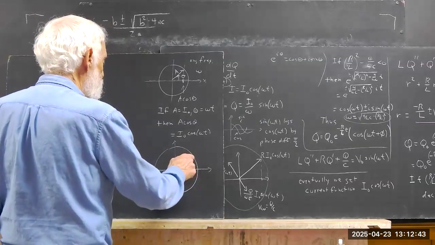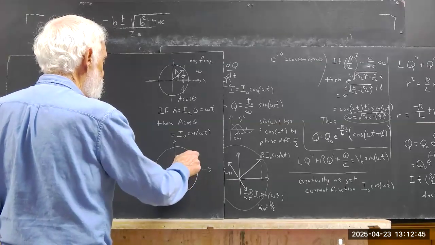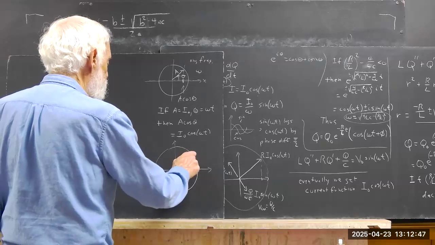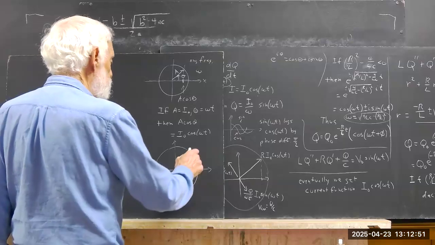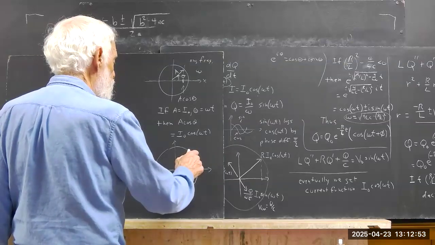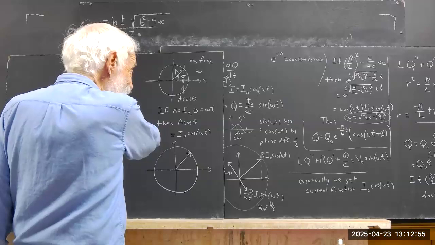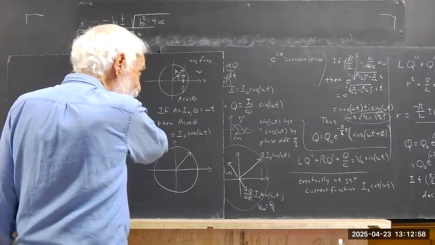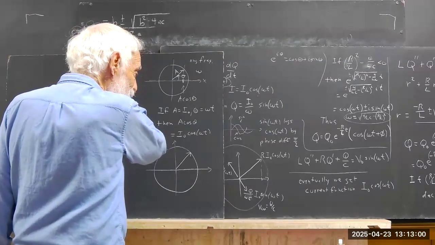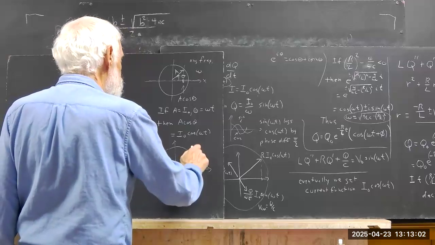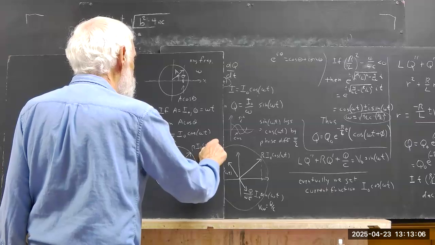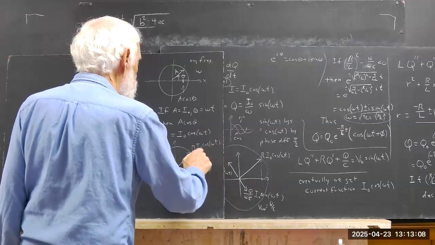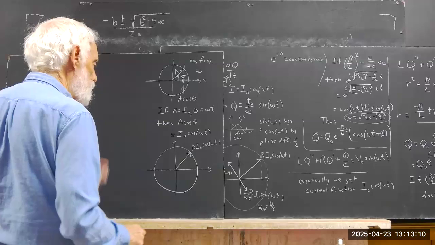So if I have y again, R I naught cosine of omega t here.